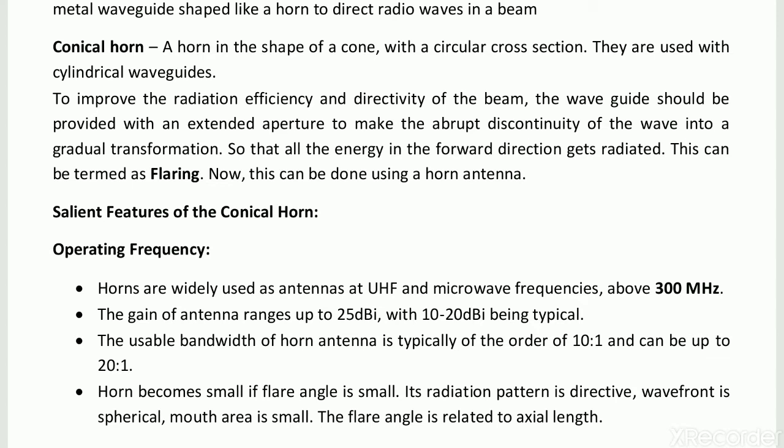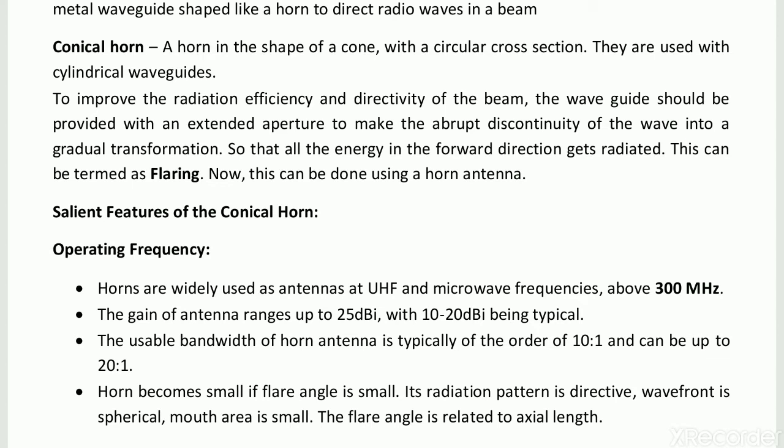The usable bandwidth of the horn antenna is typically of the order of 10:1 and can be up to 20:1, so that it has very wide bandwidth as compared to other antennas. If we take one example, it can operate between 1 gigahertz up to 20 gigahertz frequency.